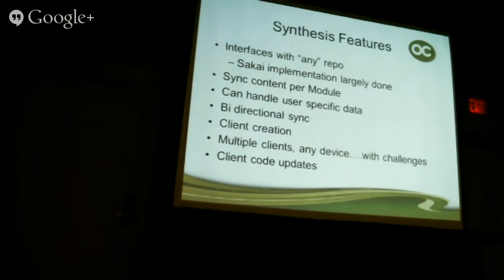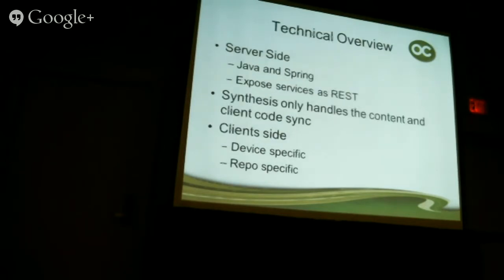The one is the engine in the middleware, and I think it's on the next slide. On the server side, it's basically Java with loads of Spring in there, and it exposes everything through RESTful services. But then it has multiple clients.